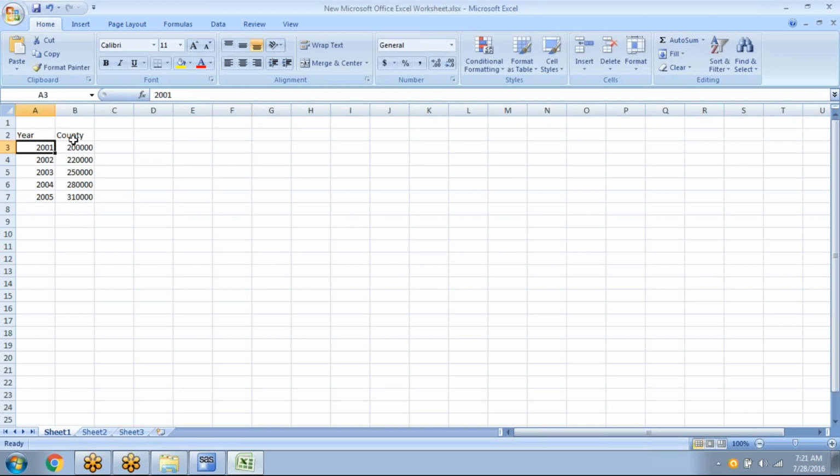Let's say you wanted to buy a house in 2001, in a county, for example, county A. In the US generally you'll have a lot of counties, right? In 2001, the price of the house is 2 lakh, or you can say $200,000.